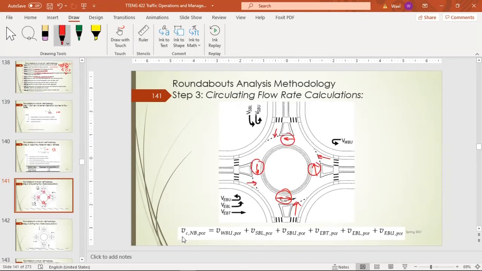Okay, so for example, the conflicting volume for the northbound, we're going to use the northbound, southbound, westbound notations. Here, that's northbound. This is westbound.